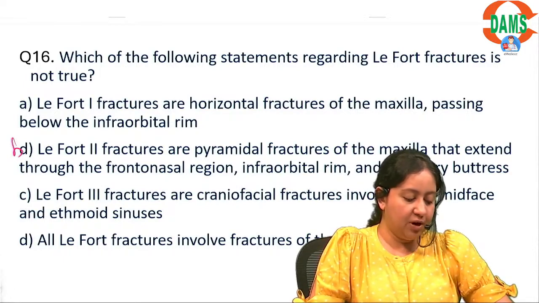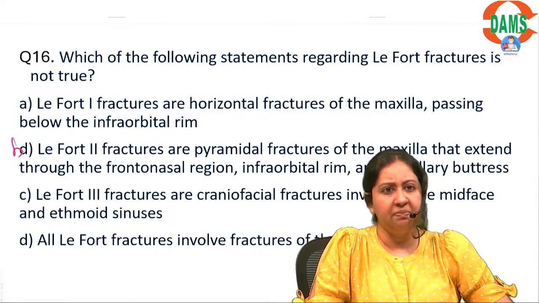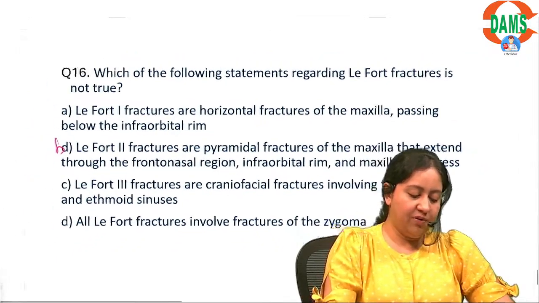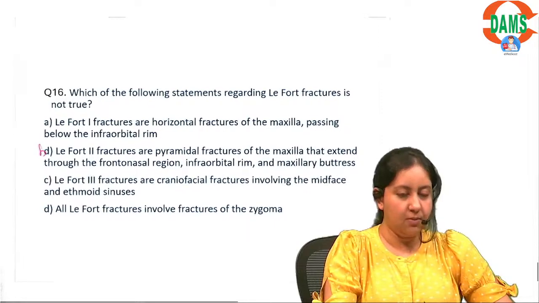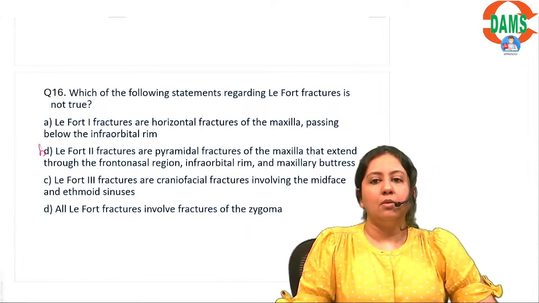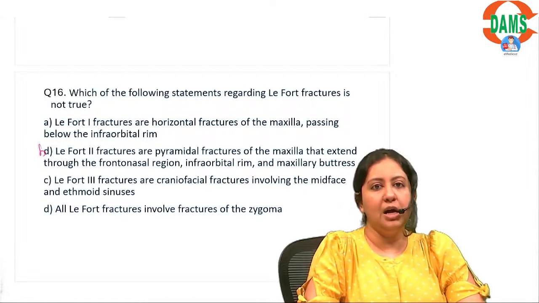Option C. Le Fort 3 fractures are craniofacial fractures involving the midface and ethmoid sinuses. D. All Le Fort fractures involve fractures of the zygoma. So what would be the answer to this question?